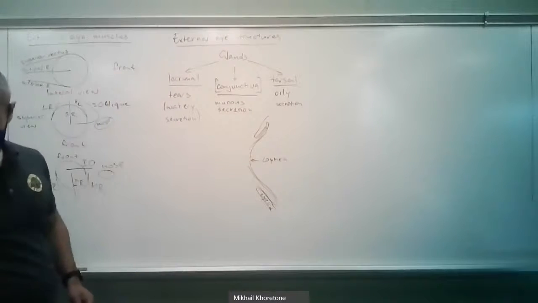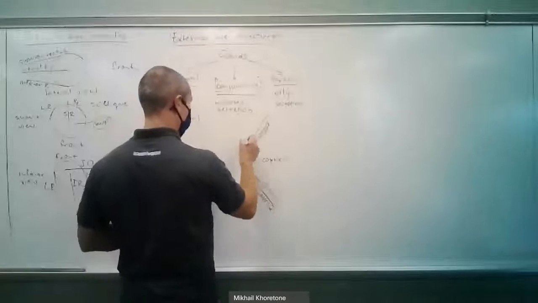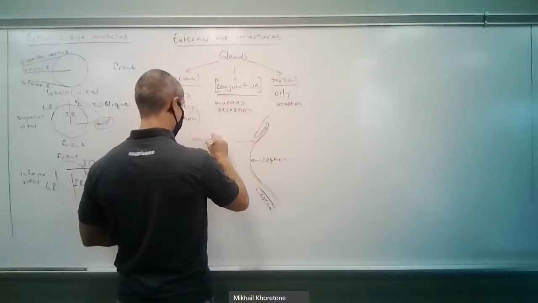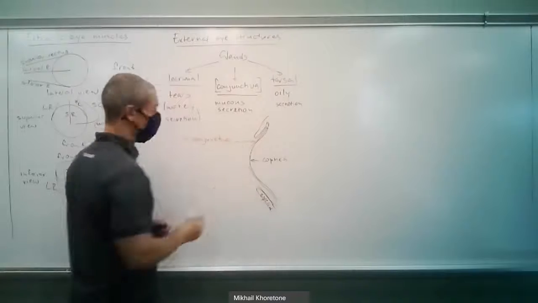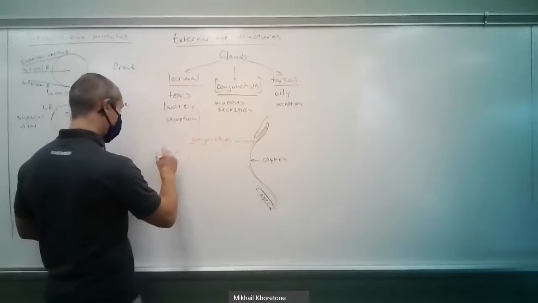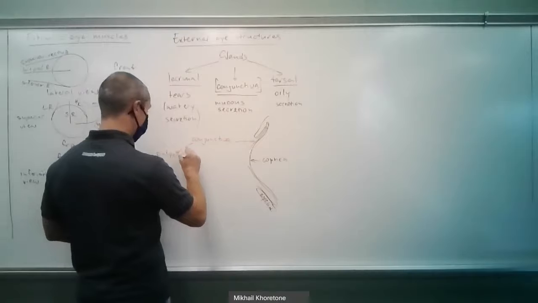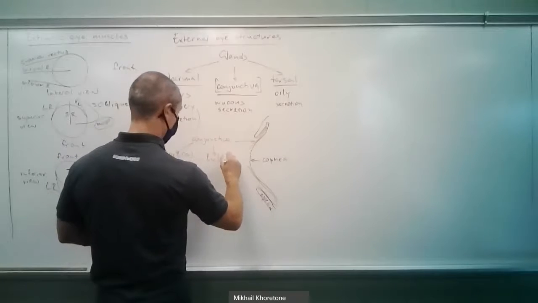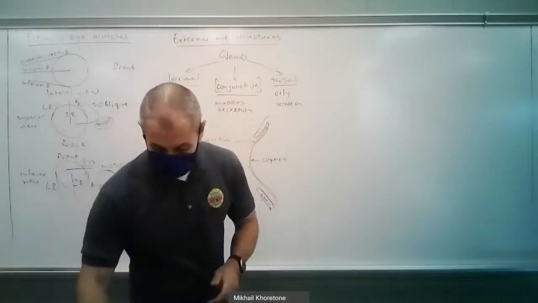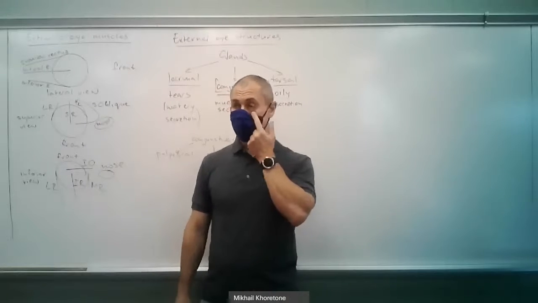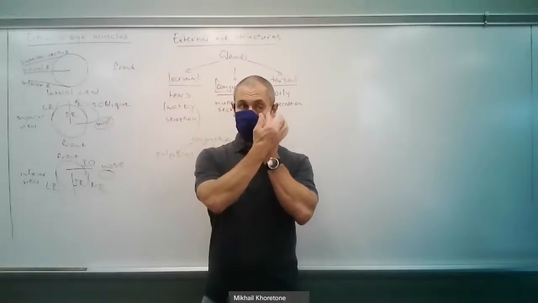Now, that's conjunctiva. There's palpebral conjunctiva and bulbar conjunctiva. Now look, when I pull my lower eyelid, you see the pink layer?